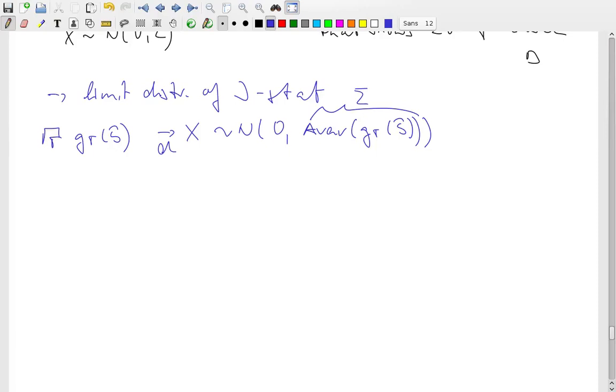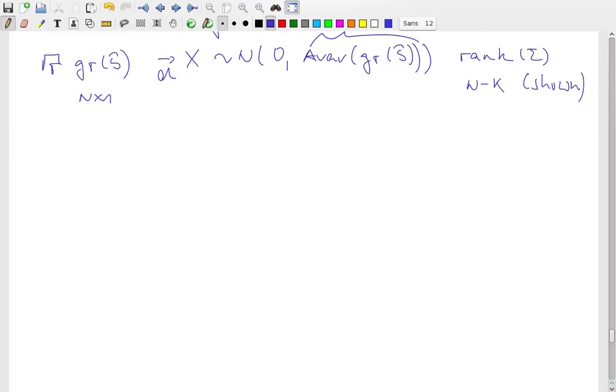It has mean zero, and it has a variance covariance matrix. Now, it turns out that this variance covariance matrix sigma is of rank n minus k. g_T is an n by 1 vector, but the variance covariance matrix is by construction not of full rank. This is actually what we have shown in the first video.